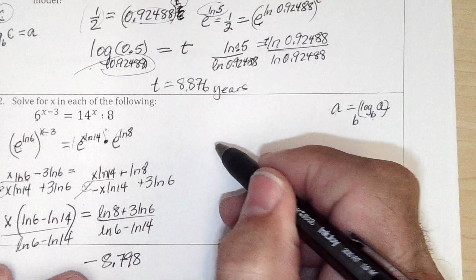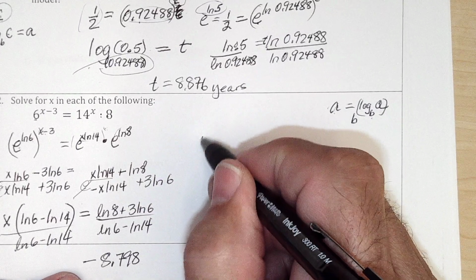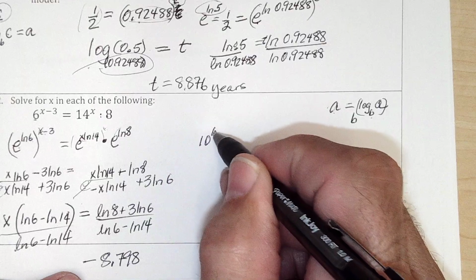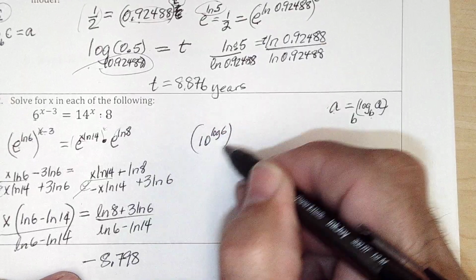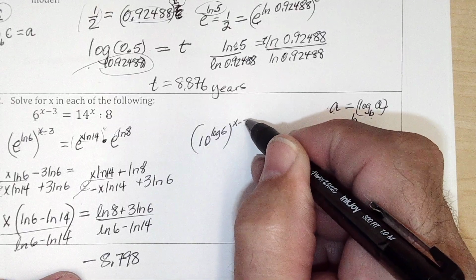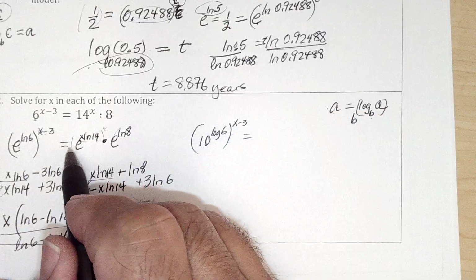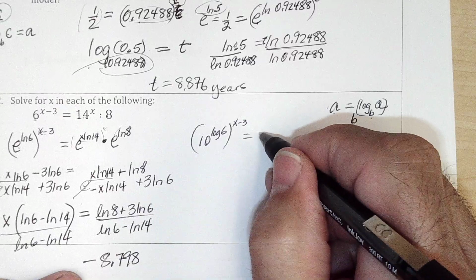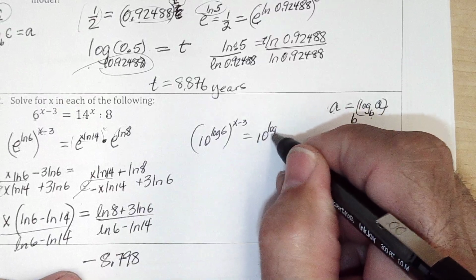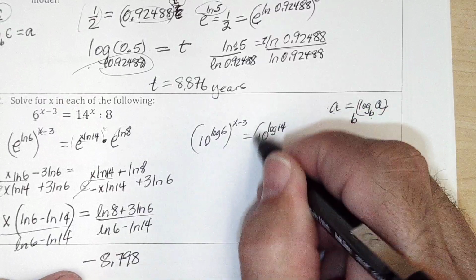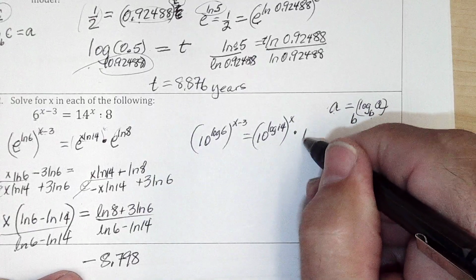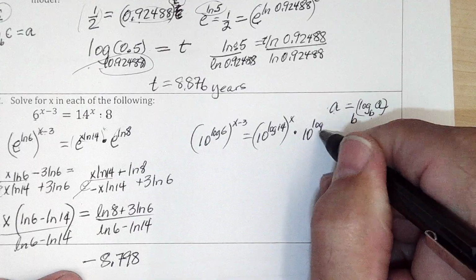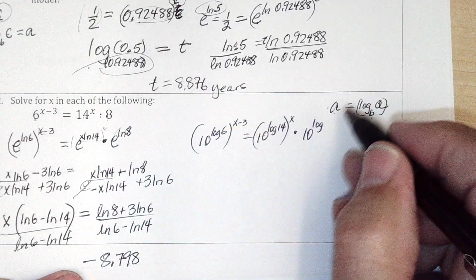Now, if I were to go to base 10, this would be 10 to the log base 10 of 6 to the x minus 3. 14 would be 10 to the log 14 to the x times 10 to the log 8.